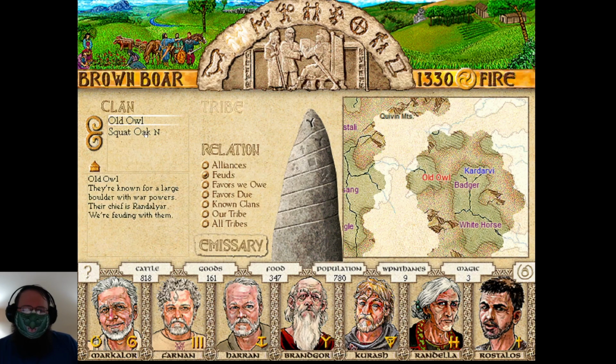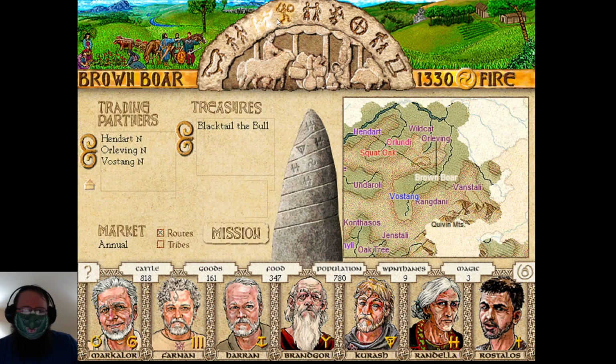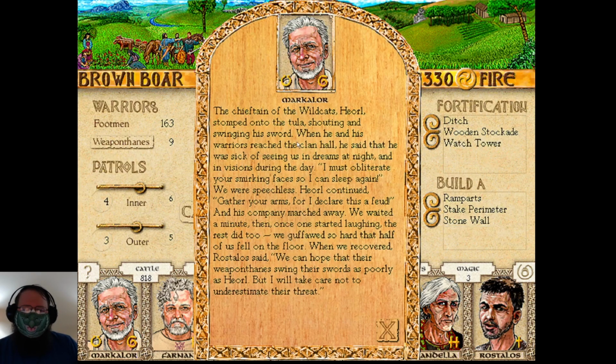We only have 2 people that we're feuding with, and the only one that's actually nearby is the Squat Oaks. It'll cost 10 goods, and we have a good amount. Yeah, let's go with that. Let's build a watchtower.